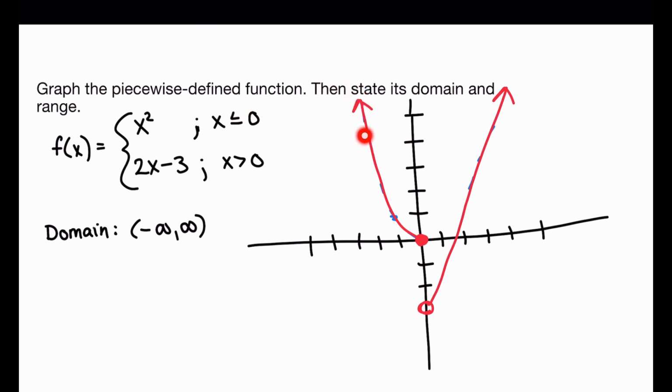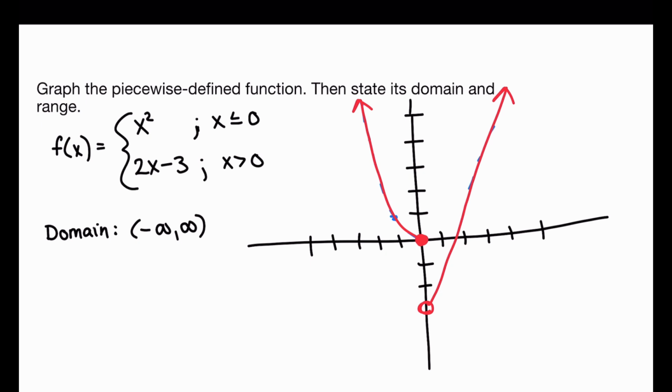And then as we continue, the graph exists at x equals 0, and there's no gap in the x direction. It jumps, but it still exists for all positive x's. We can also see that in the definition. The graph exists for all negative x's, all positive x's, as well as 0. So my domain is negative infinity to infinity.